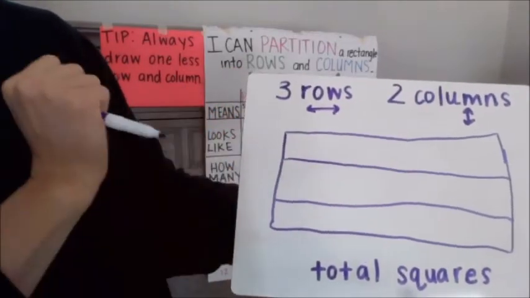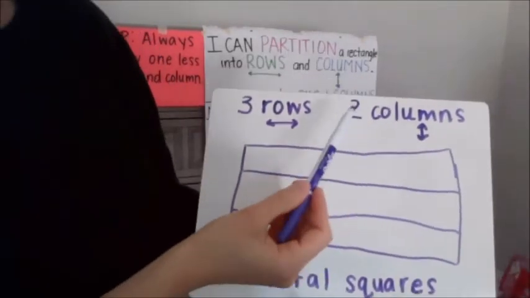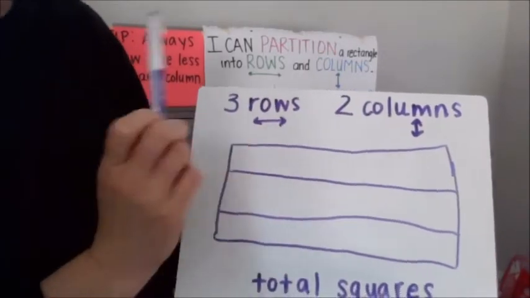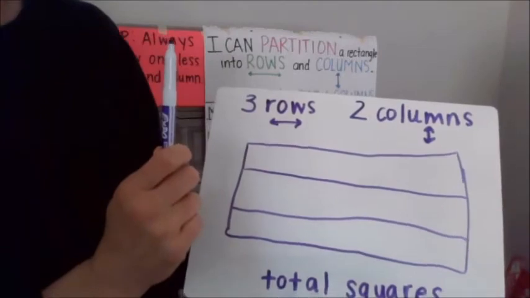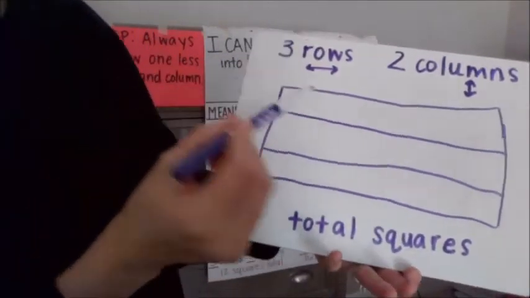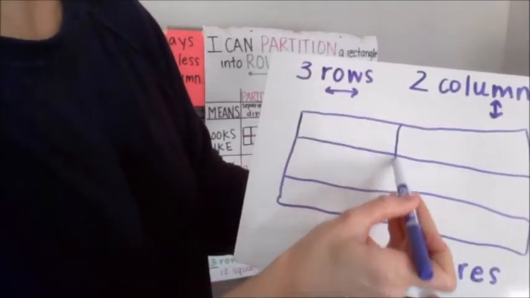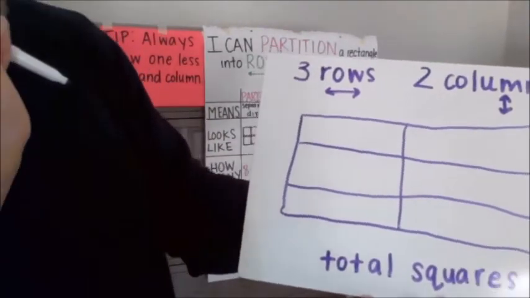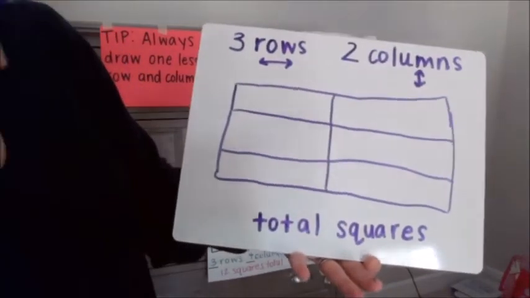Again, 1, 2, 3. Now let's look at our columns. Columns run up and down, and if it says to have 2 columns, how many lines am I going to draw, boys and girls? That's right, 1. So I'm going to pick the middle of the rectangle, and I am going to draw 1 line because it says 2 columns.